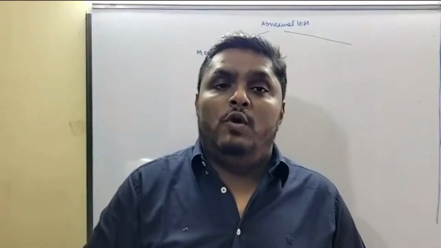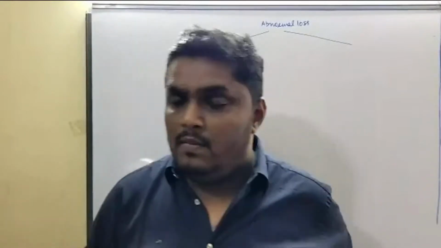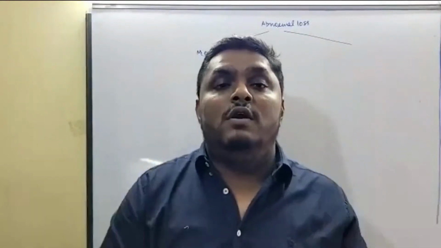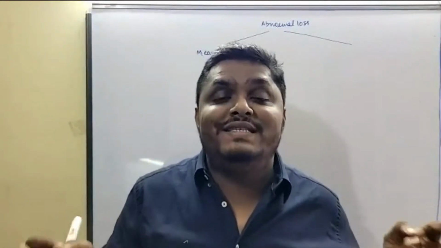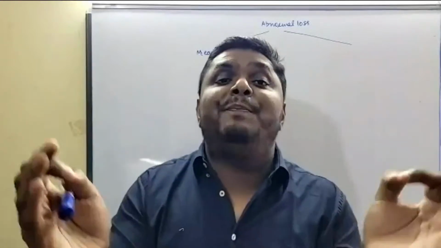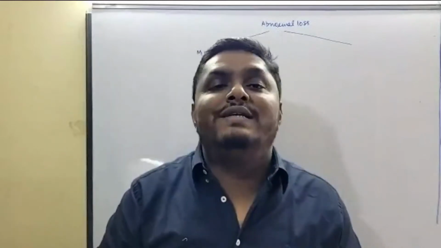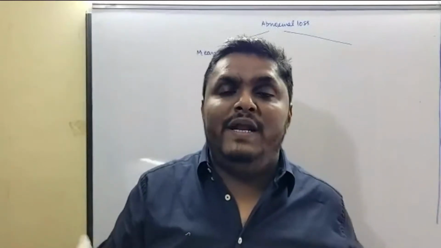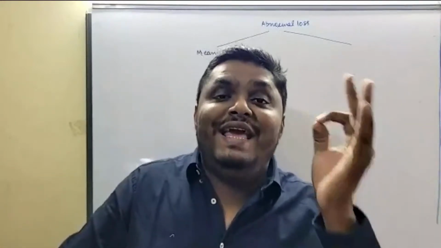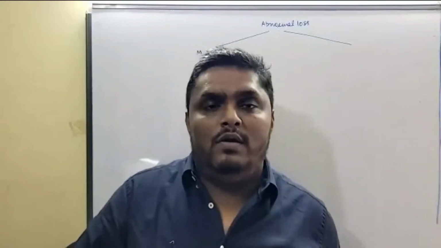Now, meaning of abnormal loss. When the total loss exceeds the normal loss, or we can say when the loss exceeds the predetermined loss, then that extra loss is what we call abnormal loss. I repeat again, the loss in excess of predetermined loss or normal loss is abnormal loss.